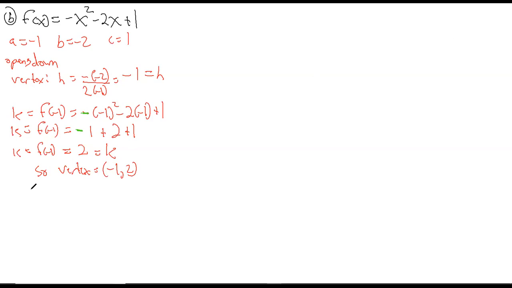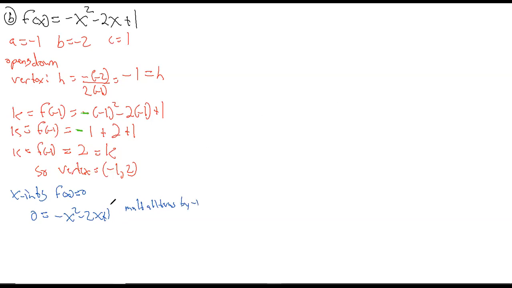I'm gonna go a little quicker for a second. That's when we set the function equal to 0. So we go 0 equals -x squared minus 2x plus 1. I do not like the fact that the leading term is negative, so I'm gonna multiply all terms by -1.